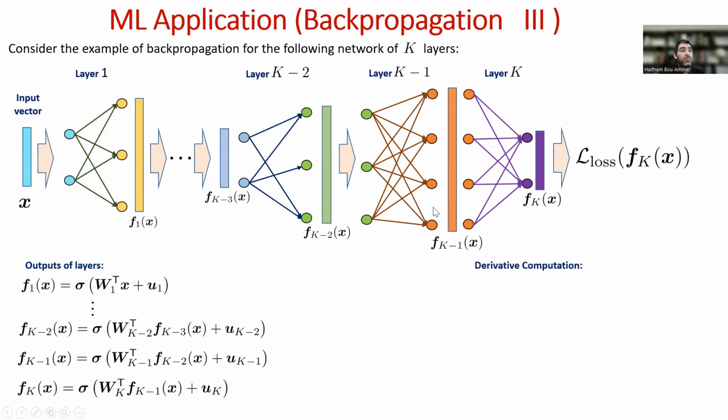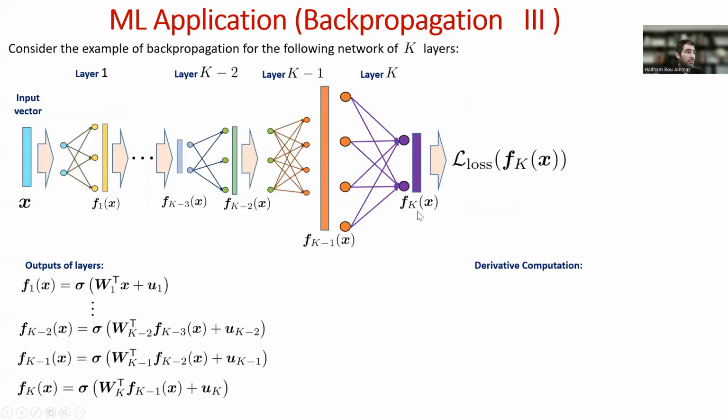Now let's see how we can compute the derivative. The first derivative that we're going to focus on is for the kth layer, the last layer, and let's say we take a derivative with respect to this weight, the ij entry of the matrix Wk associated with the last k layer of that neural network.